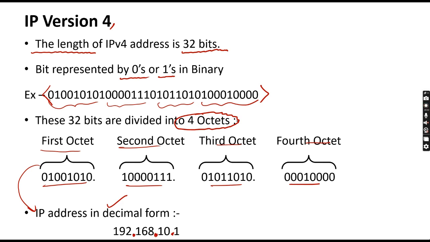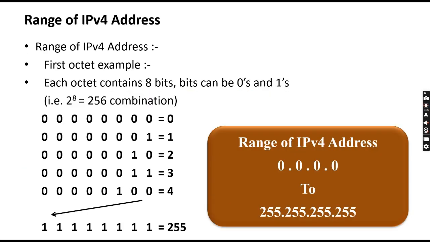Now, when it comes to IP version 4, one thing is very important to understand. The range of your IP addresses is going to start from here. There are two things to remember. As we discussed, the binaries, right? This binary can be 0 or it can be 1, correct? So consider when it is going to be 1 and when it is going to be 0.